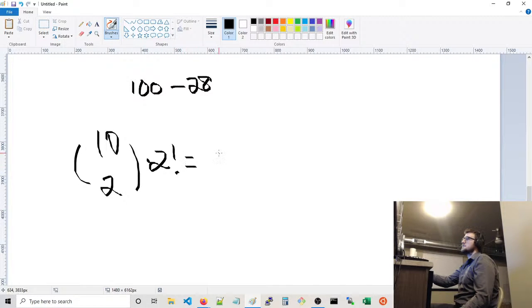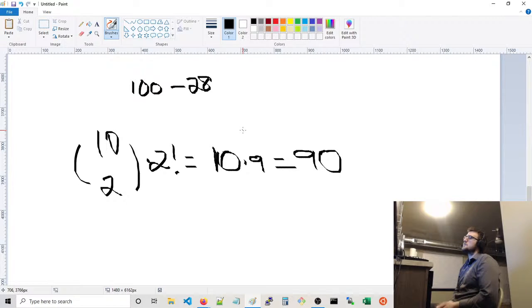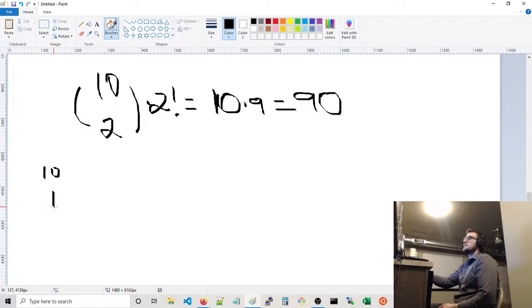So really these are actually just the permutations. It's 90. As it turns out, you can have the leading zeros in this case. Then you would add 10 choose 1. So 10 choose 1 is 10.